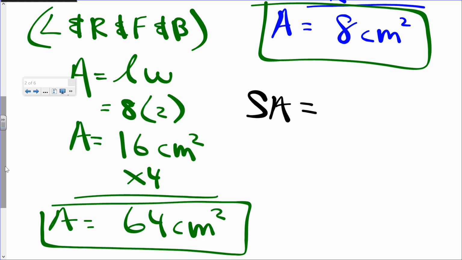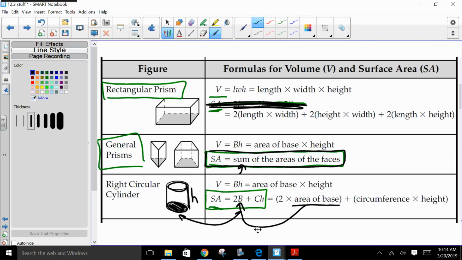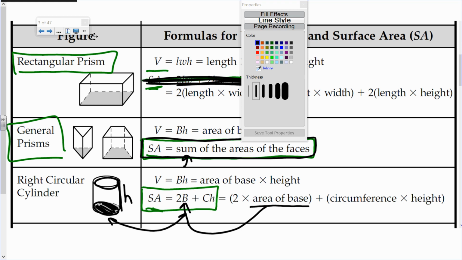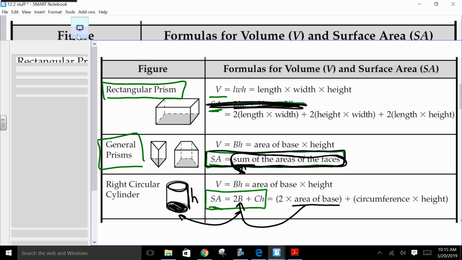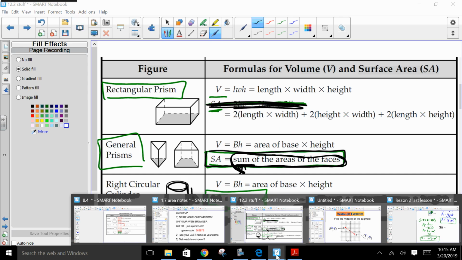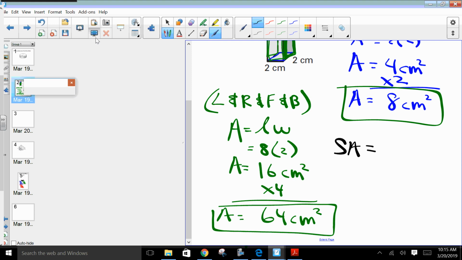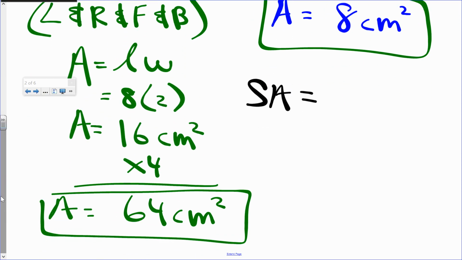Think of the formula. What does the formula say? The surface area of a prism is the sum of the areas of the faces. We found all the areas of the faces, so let's sum them up. Sum means adding. Let's add them all up. Top and bottom's 8.